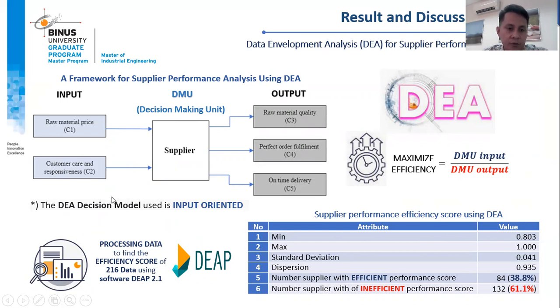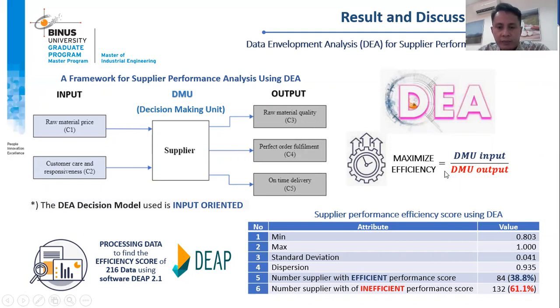This DEA decision model is input oriented, with the orientation of this model focusing on raw material price and customer care and responsiveness as inputs. And the outputs are raw material quality, perfect order fulfillment, and on-time delivery.